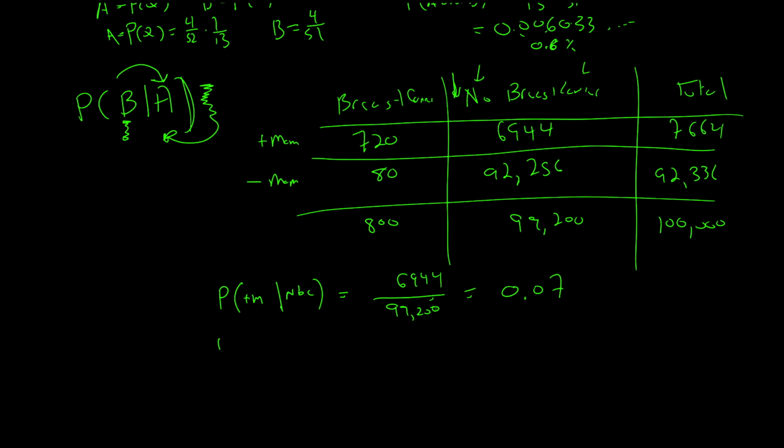But we could say this the other way around. What's the chance that there is no breast cancer given you've had a positive mammogram? So now we limit ourselves to the positive mammogram here: 7,664, and no breast cancer 6,944, or 90.6%.